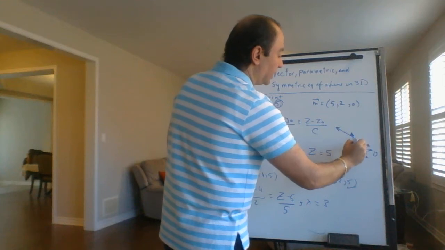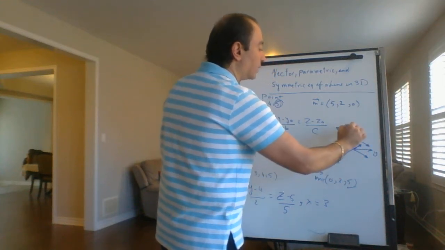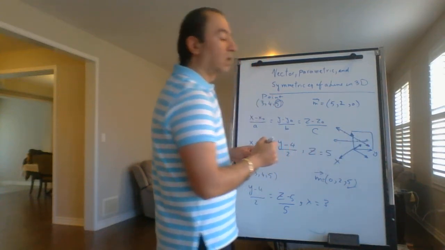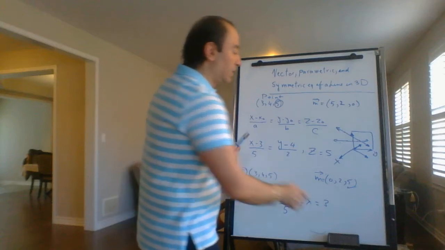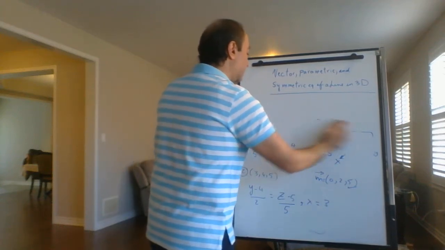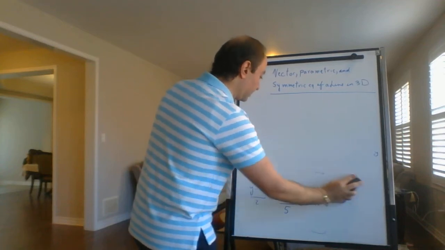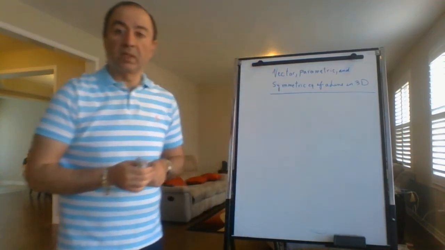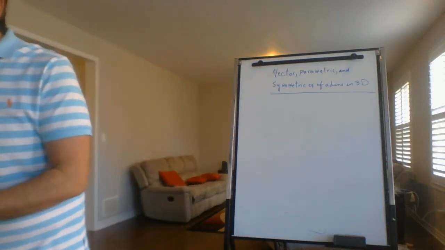The vector will be here, so the line will be parallel to this plane. All the x's in this will be the same. Okay. All right. So this is how we find when components are 0. Okay.